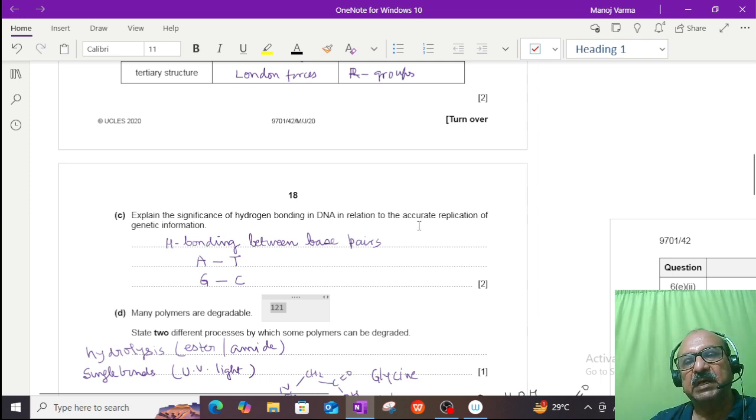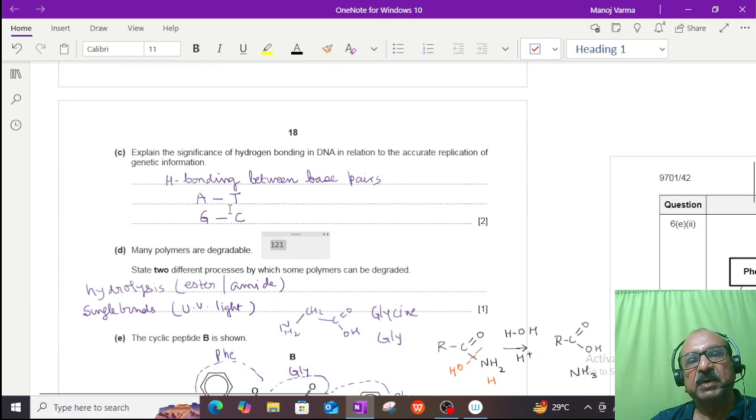in relation to the accurate replication of the genetic information. I think that this topic has not been included in the new syllabus, so it's really not important, but still I'm telling you the answer. You know that there is base pairing, adenine with thymine.